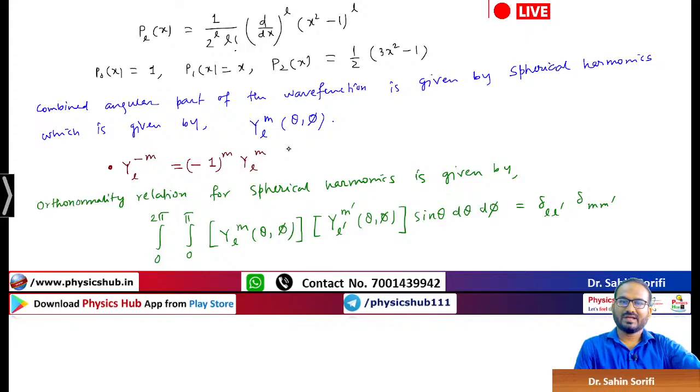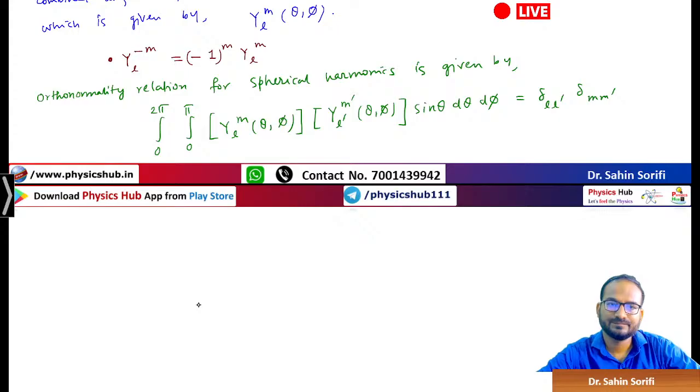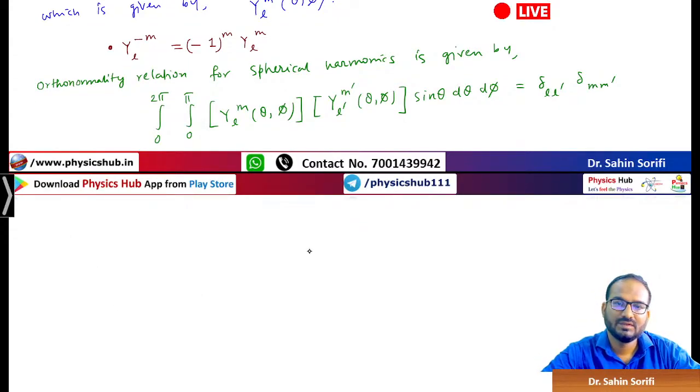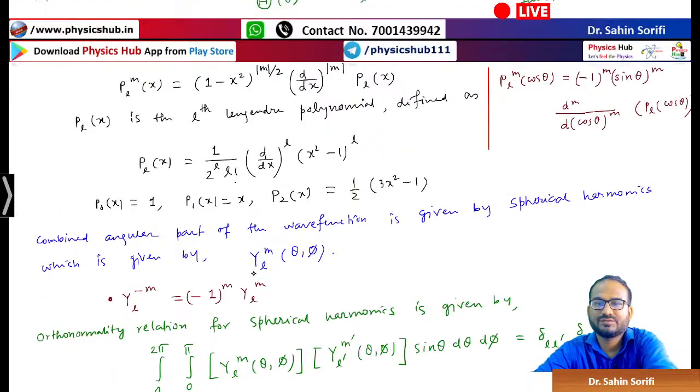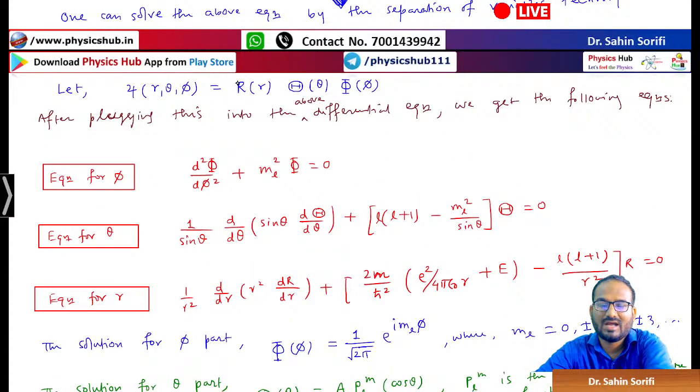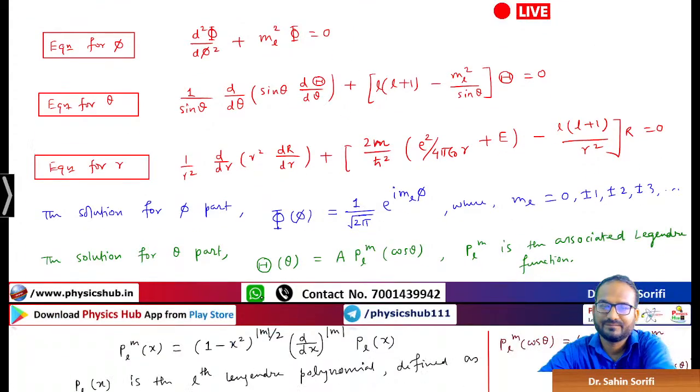So how is the actual value of YLM of theta phi given? Now if you are getting confused, what is YLM of theta phi? You see, it is R of r into YLM of theta phi. This YLM of theta phi contains both theta and phi, right?